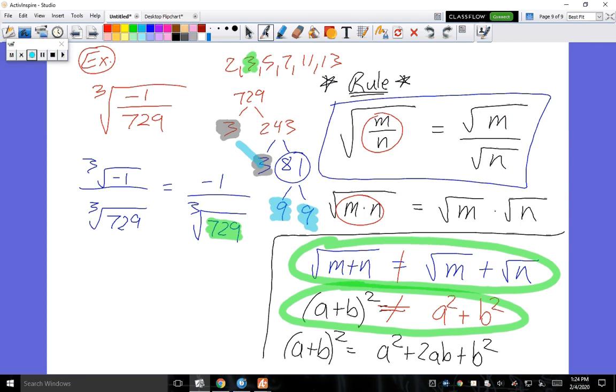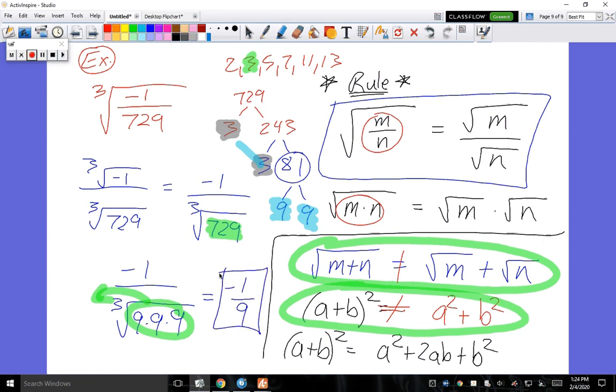That's the same as writing the cube root of that. Will these 9s be able to come out of the house? Why? Because it's a group of 3. And when they come out, they're going to come out as what? As 9. So your answer? Negative 1 over 9.